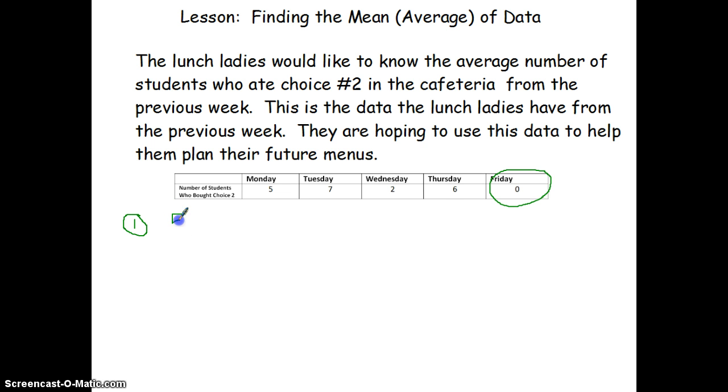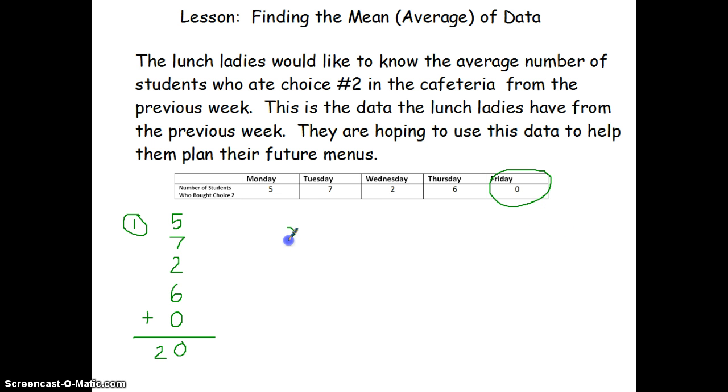So I'm going to add up Monday's data, Tuesday's data, Wednesday's data, Thursday's data, and Friday's data to find the sum of the entire week. Okay, so I know that 5 plus 7 equals 12, plus 2 more gives me 14, plus 6 more gives me 20, plus that 0, I still have 20. So for the entire week, I have 20 students who ate choice 2.